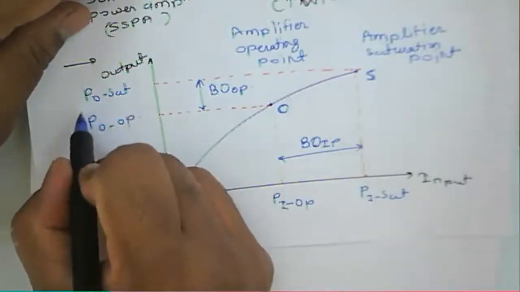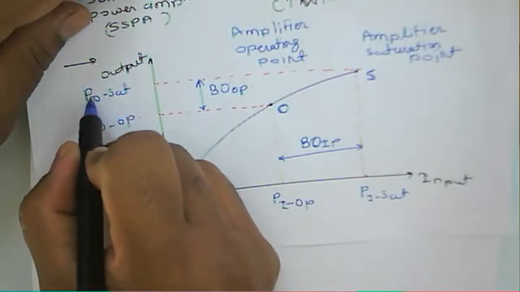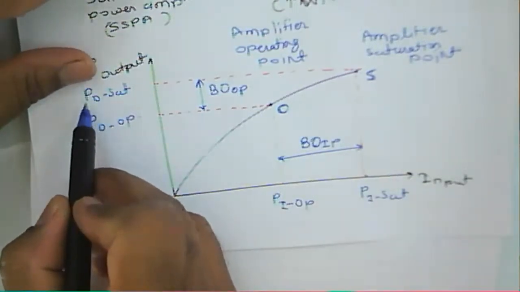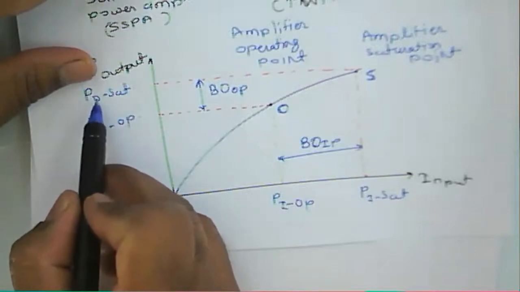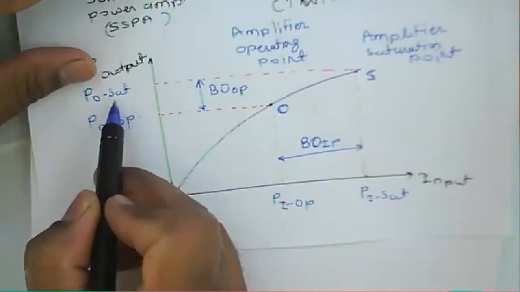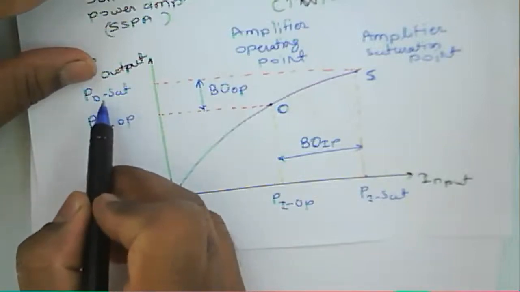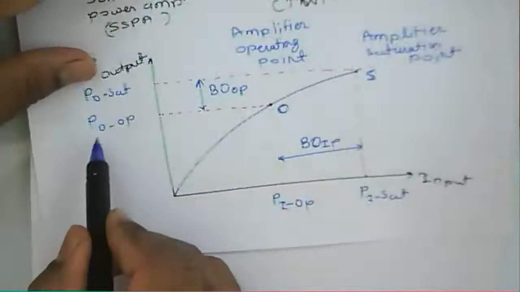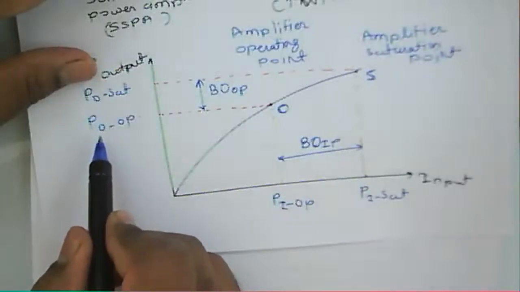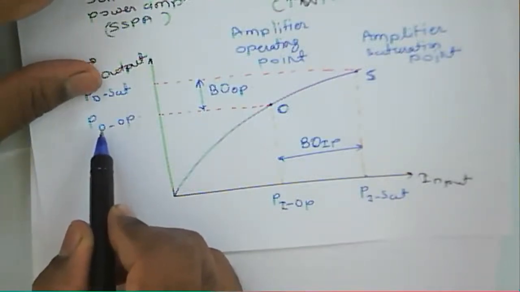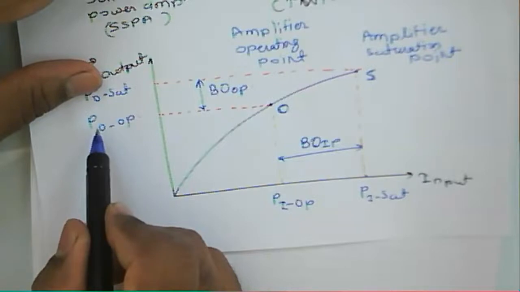If you consider P output, PO is the output power, and SAT means saturated. So this is the saturated output power, and this is the power output at a linear operation.